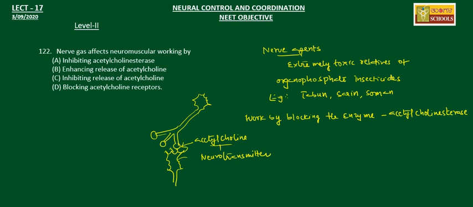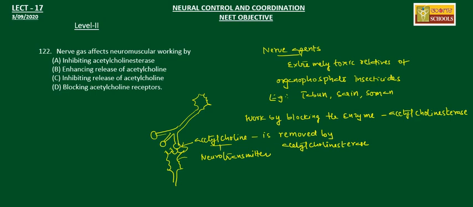Once the transmission of the nerve impulse is done, the acetylcholine is removed by the enzyme acetylcholinesterase. So again, the synapse is ready to conduct another impulse.